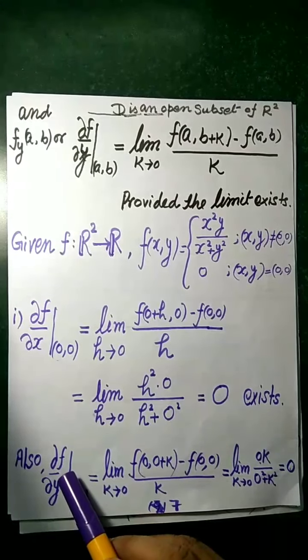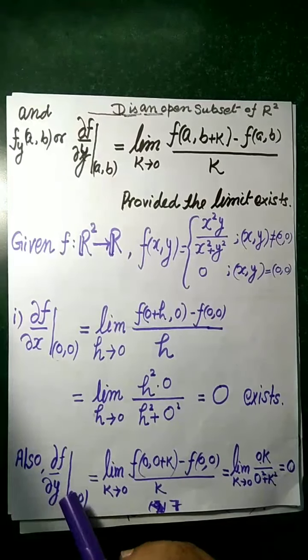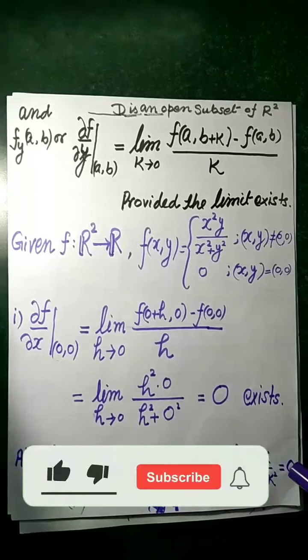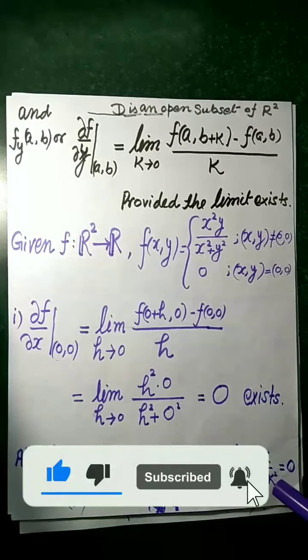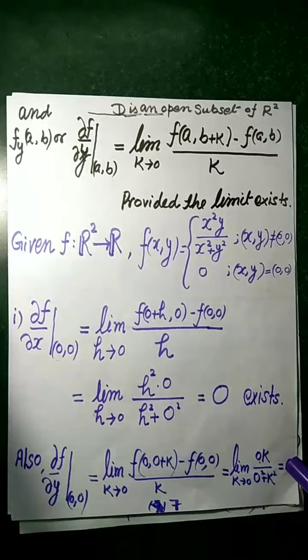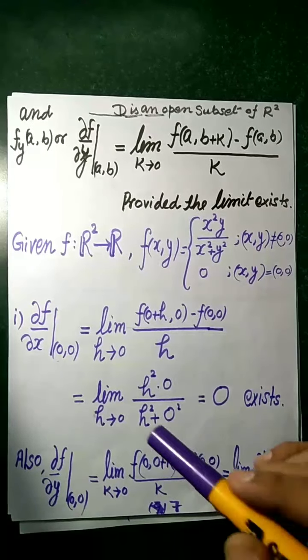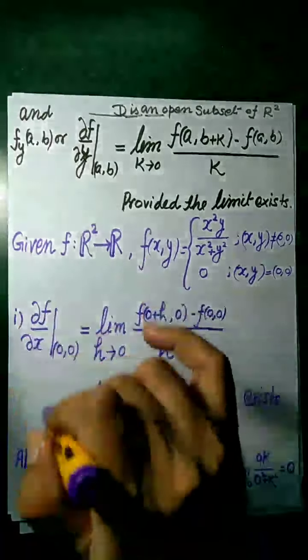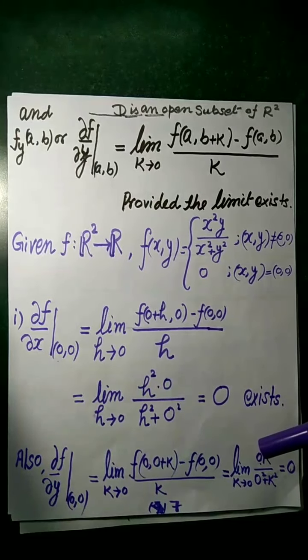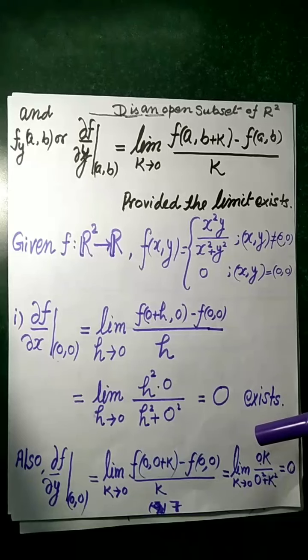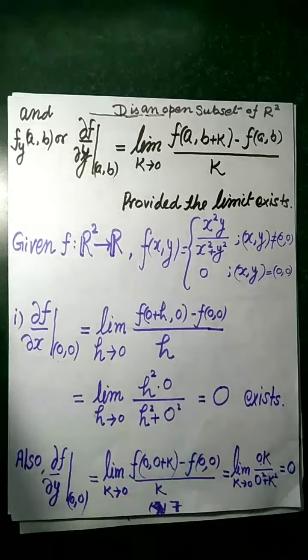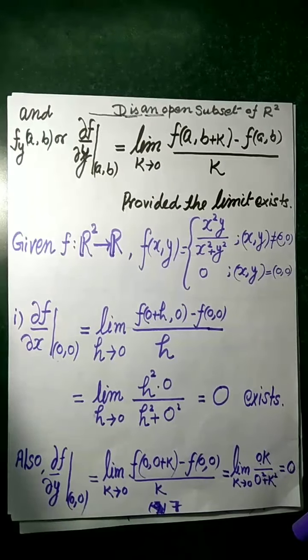Similarly, the partial derivative with respect to y at point (0, 0) becomes 0 upon k squared, so this gives us 0. So we can say both the partial derivatives of the function with respect to x and with respect to y exist.